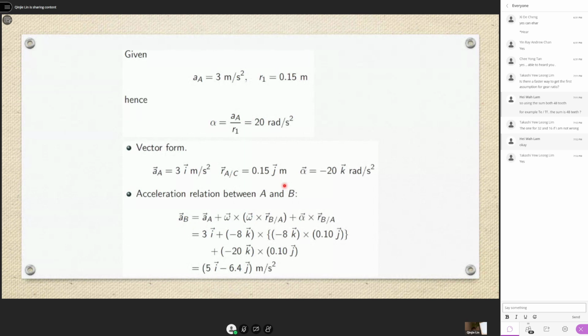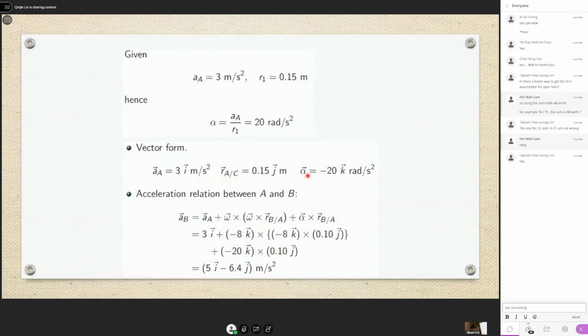Okay, so this part is solved already, the easiest part. Now we need to find the acceleration of those different points. So what's given? We have acceleration of A is 3 to the right, correct? That's why there's an I here. Now this is the part where all this ijk again is very important. Then R of A with respect to C, we also know is 0.15 J. This is position.